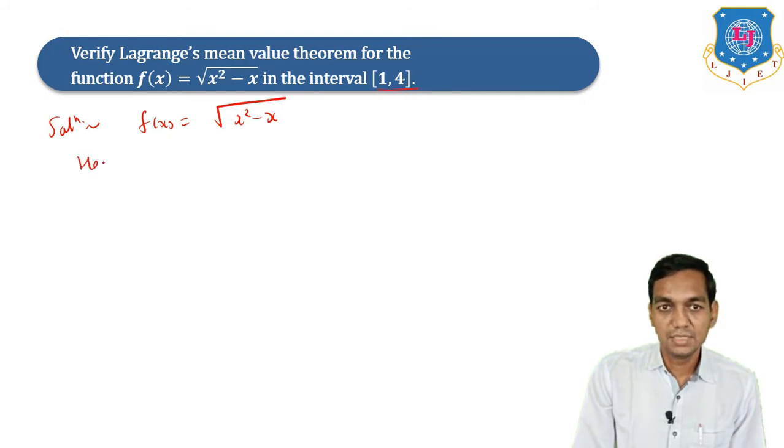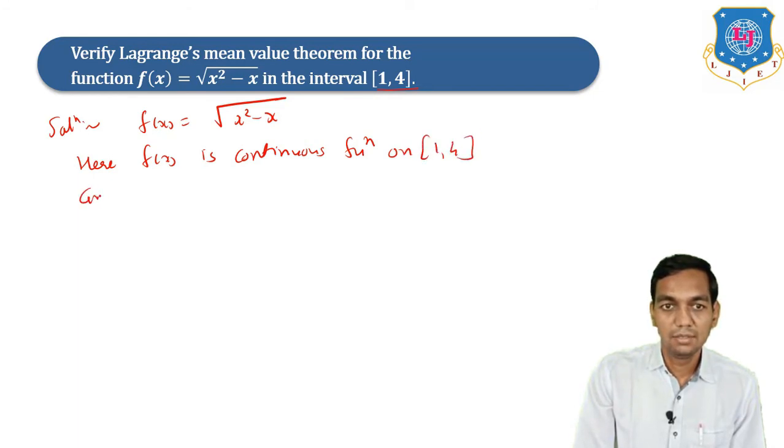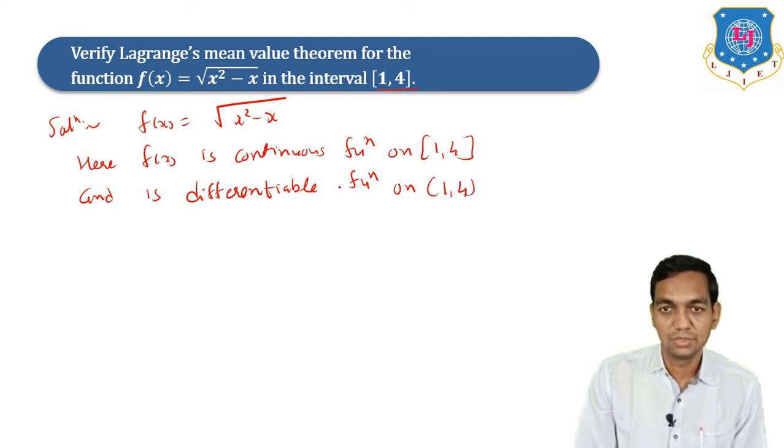So here f(x) is a continuous function on the closed interval 1 to 4 and is differentiable on the open interval 1 to 4, because the root of a polynomial is always continuous.